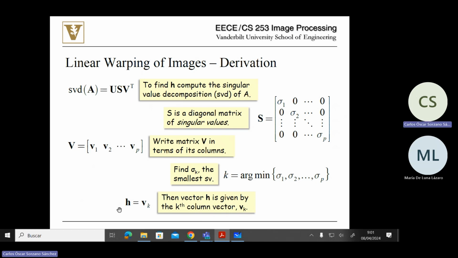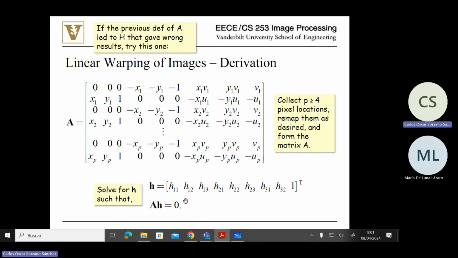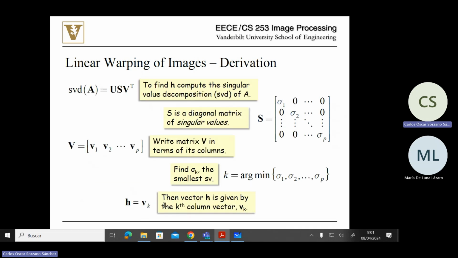Okay, this is a result from algebra. When you have to solve a system like this, a possible way to find the solution is this one. You make the SVD decomposition, find which is the smallest singular value, and take the V vector that corresponds to that singular value.